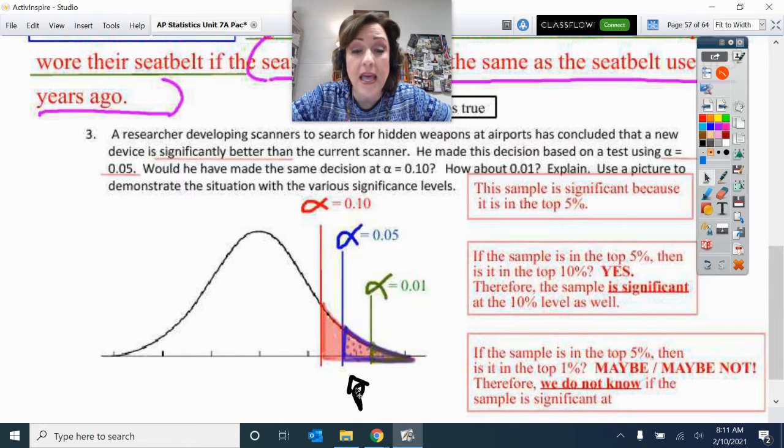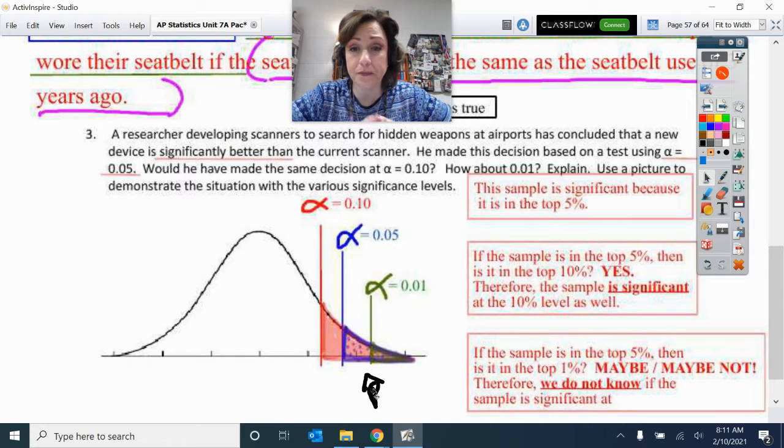That means this sample is somewhere in this blue section of 0.05. Significant at the 0.05 level. That's why alpha is sometimes called the significance level, because that's the level you need to be smaller than to be considered statistically significant.